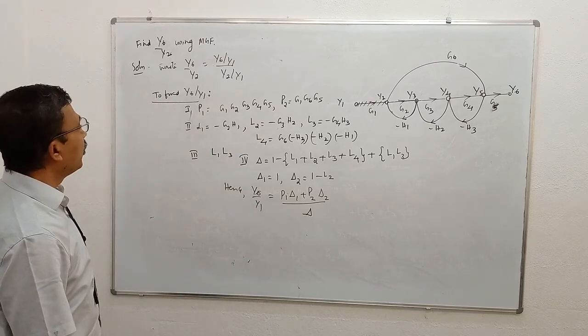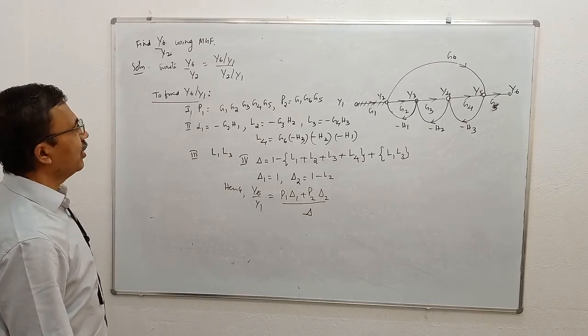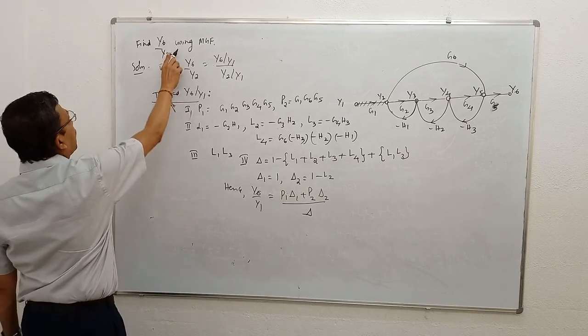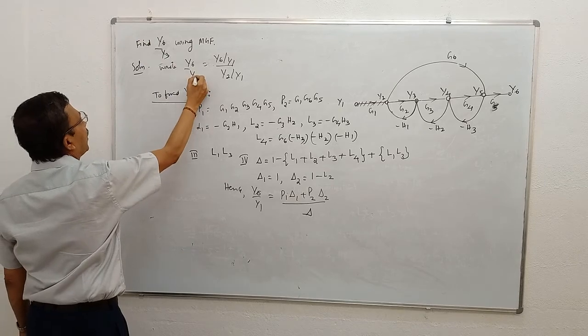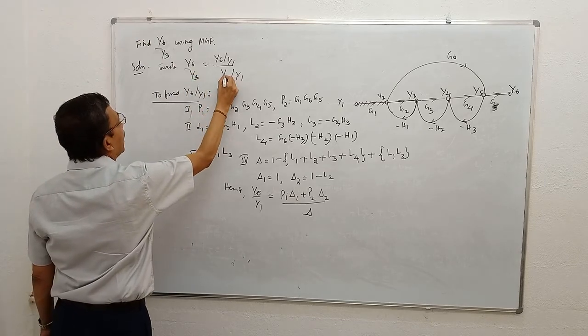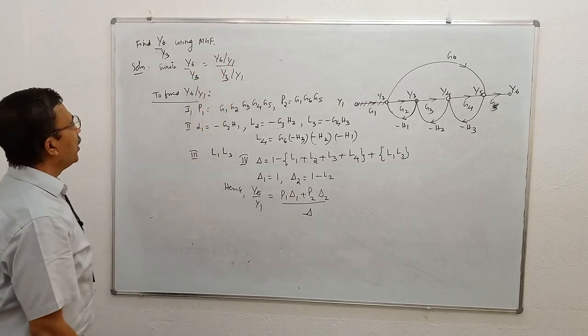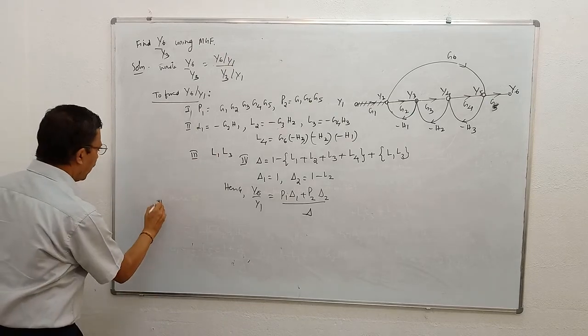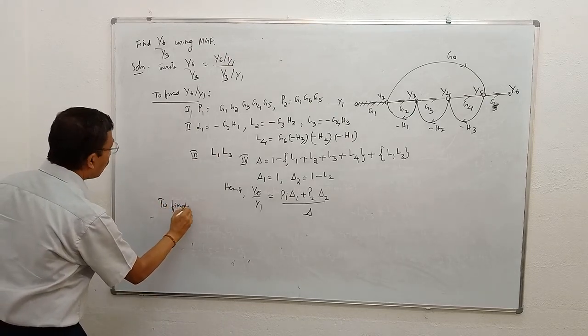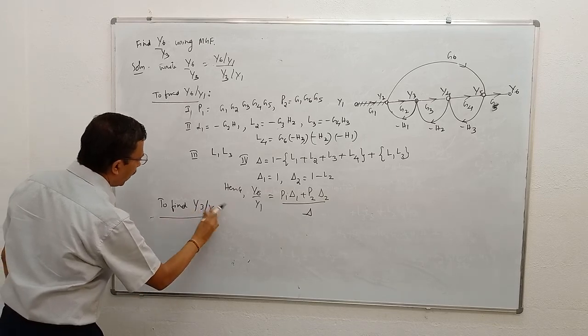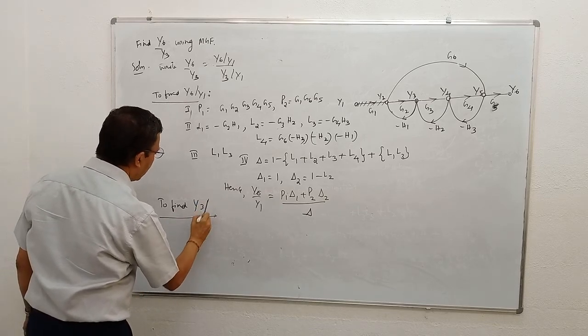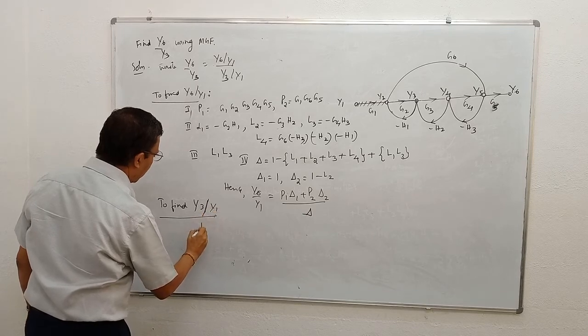If the problem has to be made more interesting, instead of y6 by y2, we will take y6 by y3. And y6 by y3 will be y6 by y1 divided by y3 by y1. Next, to find y3 by y1. Step 1.